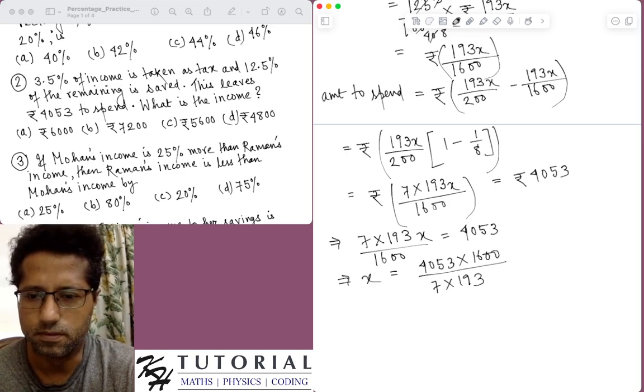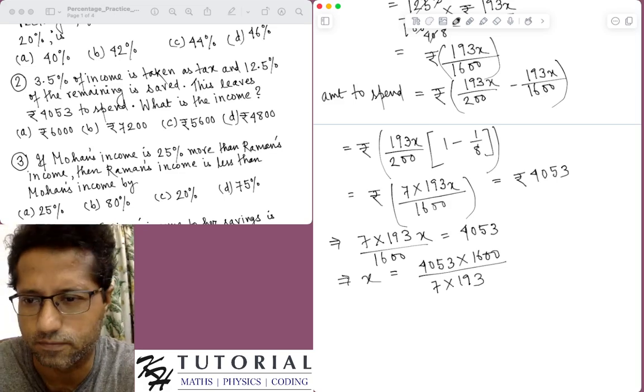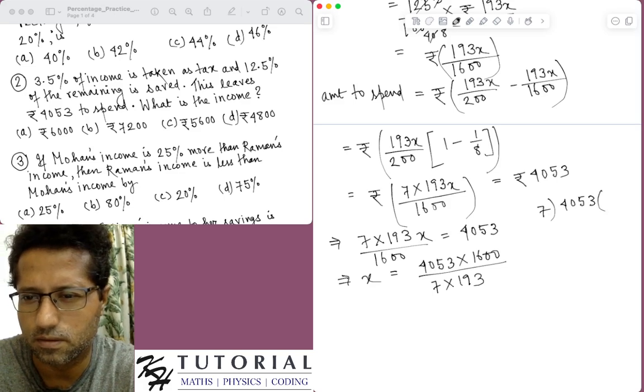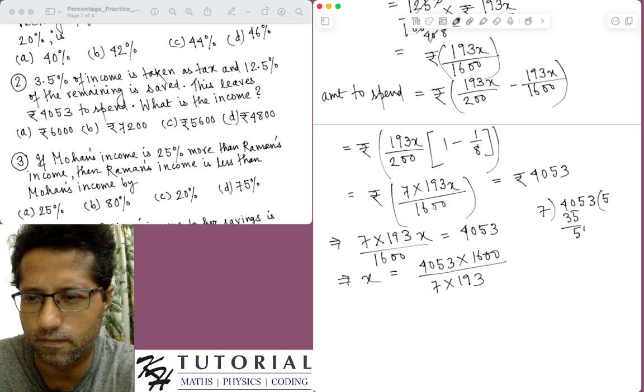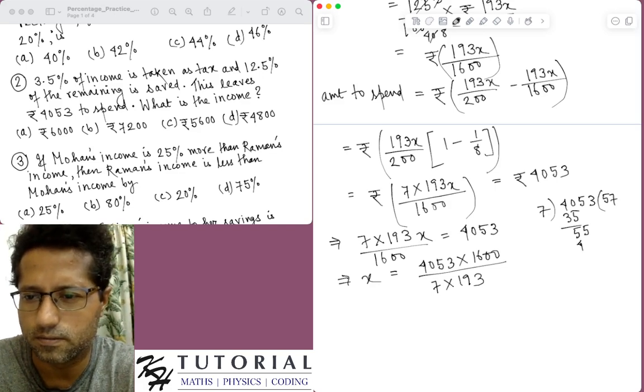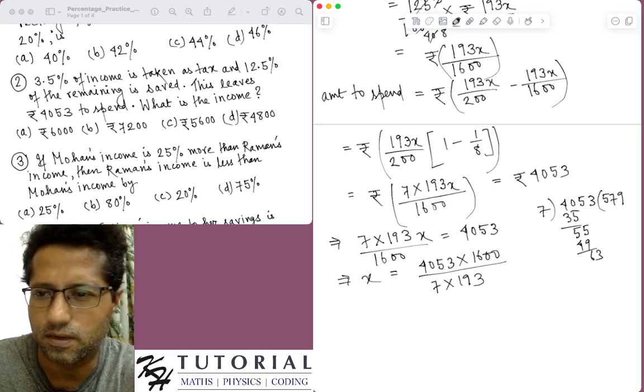How much will this be? 7 divides 4053. 7 5s are 35, 7 7s are 49, 7 9s are 63. 579.